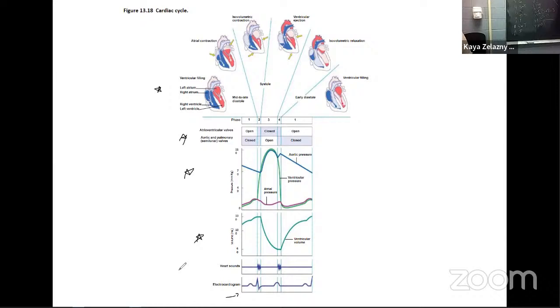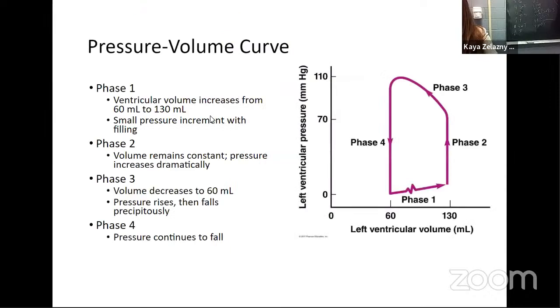So what we will look at, we're at 12:34 already. So next time we'll pick up thinking about the heart sounds, and we'll have one more graph relating volume to pressure before we move into cardiac output. So next time we will introduce this lovely curve.